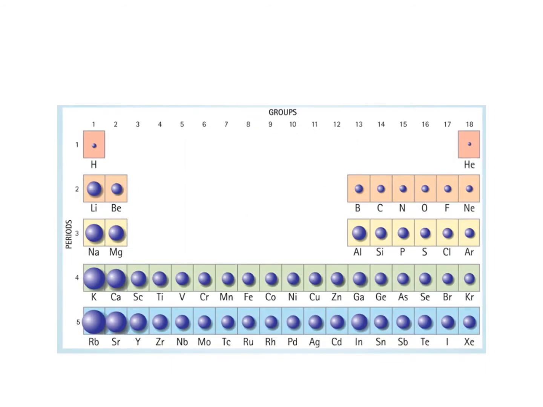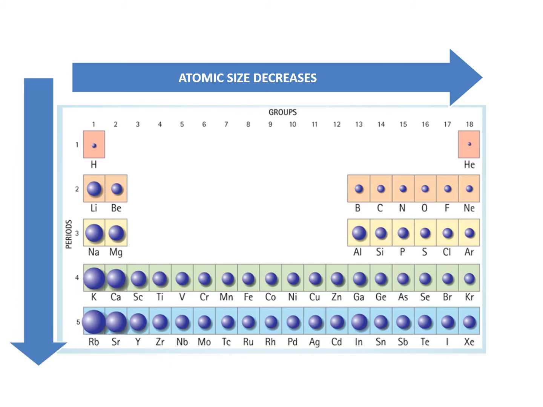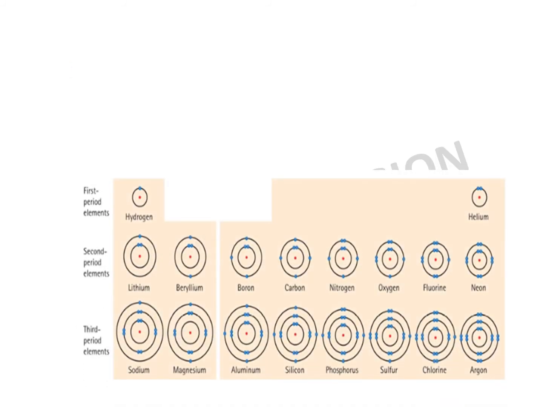Here, from this figure, we can see that as we move from left to right, the size of atom goes on decreasing, whereas when we move from top to bottom, the size of atom increases. The reason can be understood with this diagram.